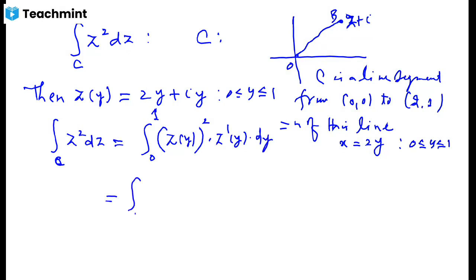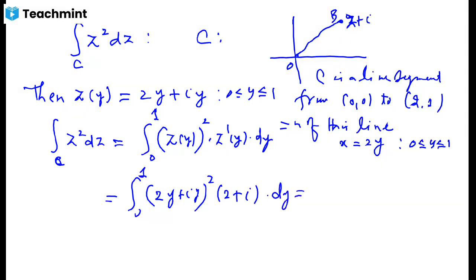You calculate the square of this z of y: it has to be (2y plus iy) whole square. What is the derivative of this z of y? It is 2 plus i, since you are differentiating with respect to y. So you have (2 plus i y) whole square into (2 plus i) dy.